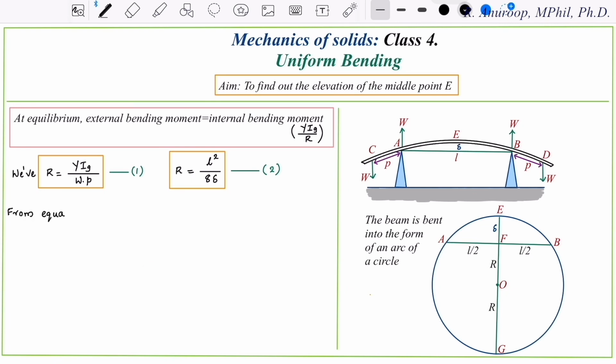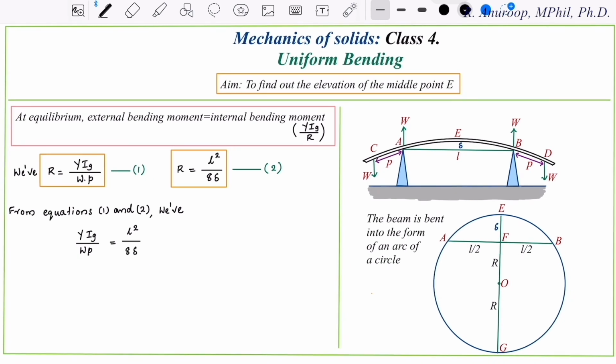So let us equate the RHS. From equation 1 and 2, we can write Y I G divided by W P is equal to L square divided by 8 delta.